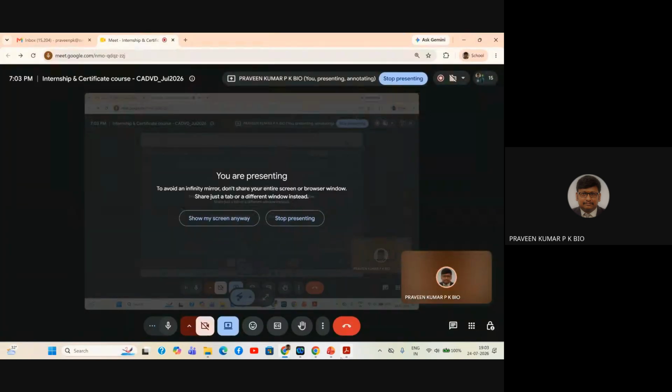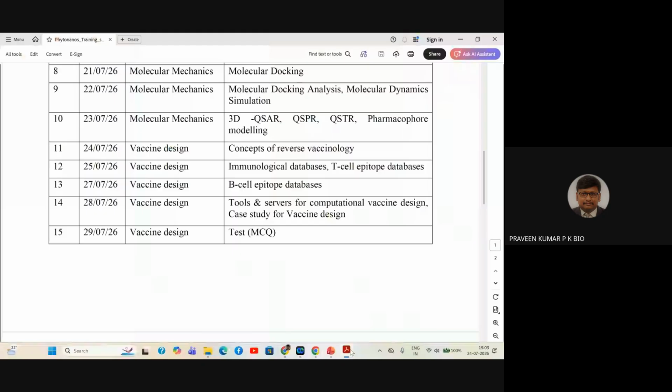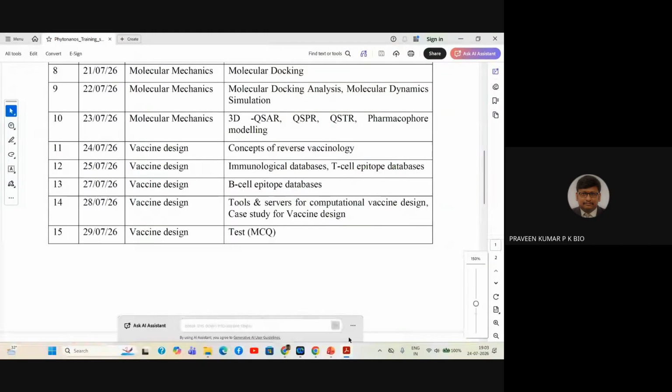Before proceeding to today's topics, can we recap the last session? We discussed QSAR, the dimensions of QSAR, the training data set model and test data set model, and then we discussed QSPR and QSTR.